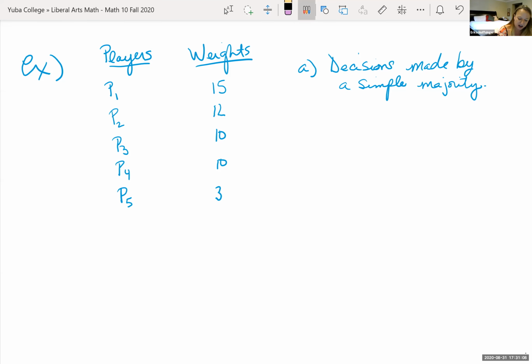So we need to figure out the total weight of the voting system, the total number of votes possible, of all the people that can play.